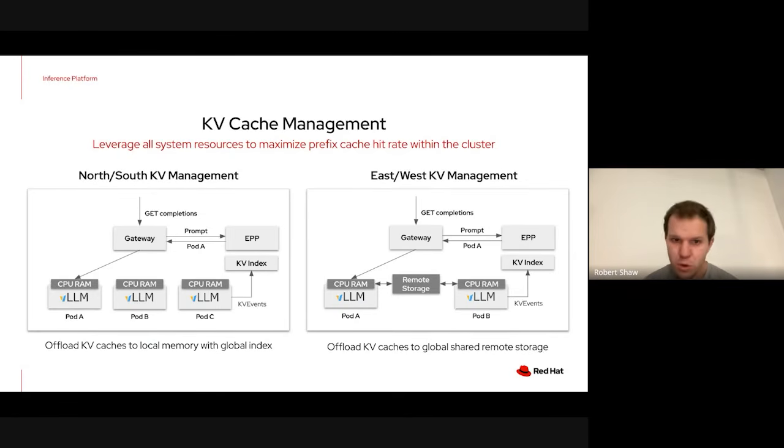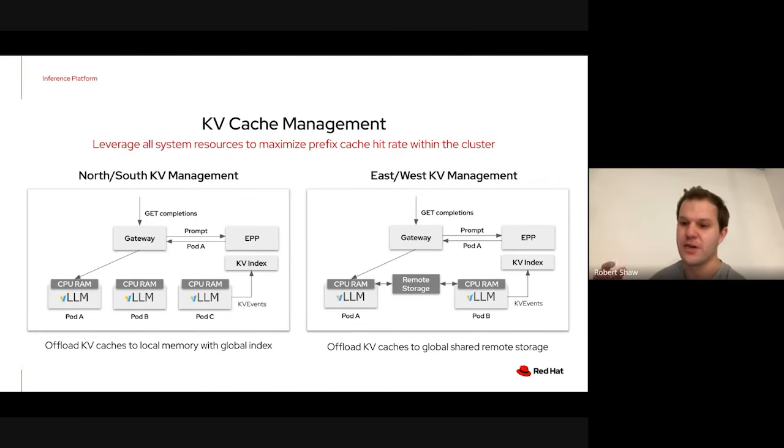And so one of the features that we built into vLLM is a native CPU KV cache offload. Basically, rather than evicting the KV caches from GPU RAM immediately, we can evict these KV caches to CPU RAM.